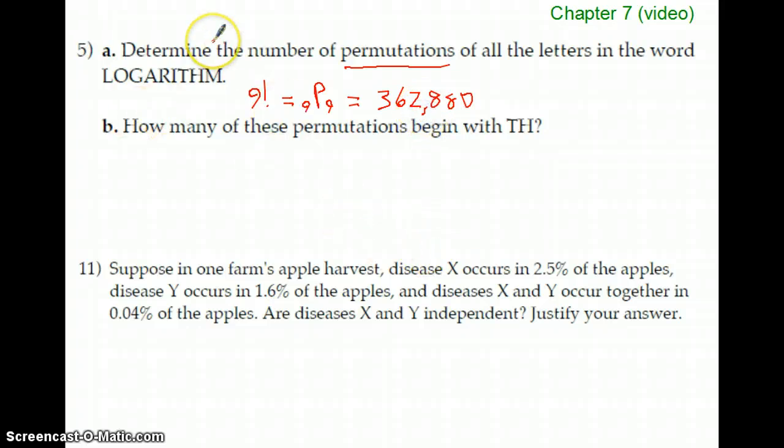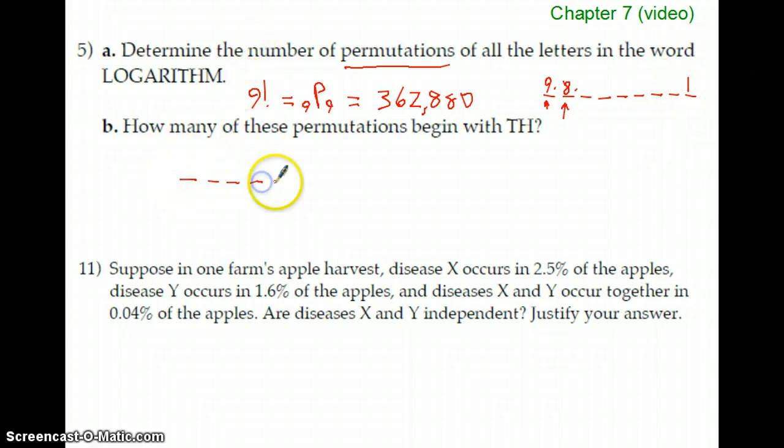How many of those begin with TH? Well, one way to think about this, and one way to think about why this is 9 factorial, is you have 9 letters to put in boxes here, and you have to think, how many choices are there for the first one, and how many choices for the second one? There were 9 choices for the first one, and then 8 after you do that, and so on all the way down to 1. In this one, how many choices are there for the first letter? It has to be a T, so there's only 1 choice.